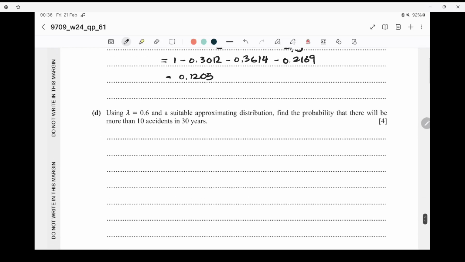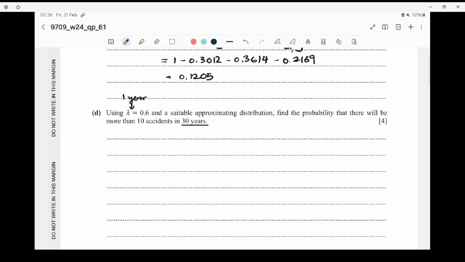Part D. Using lambda equals 0.6 and a suitable approximating distribution. So in 30 years. This is for 1 year.